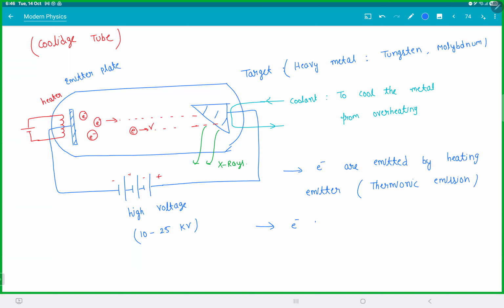Then these electrons are accelerated to high speeds due to the high voltage battery. And bombard the target material.